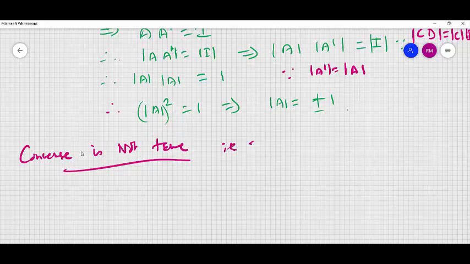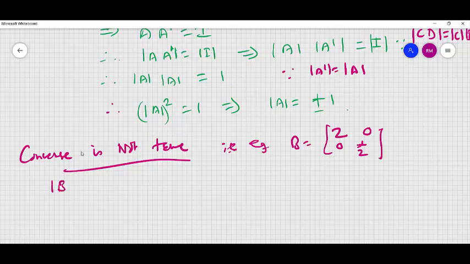See example, suppose B matrix is 2, 0, 0, 1 by 2.